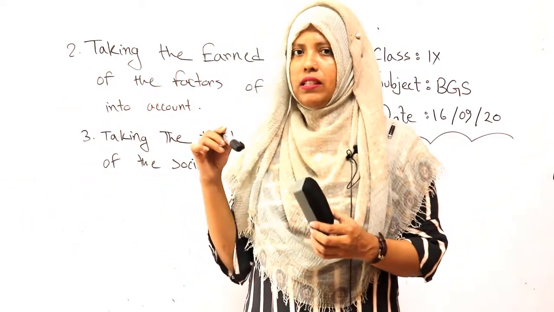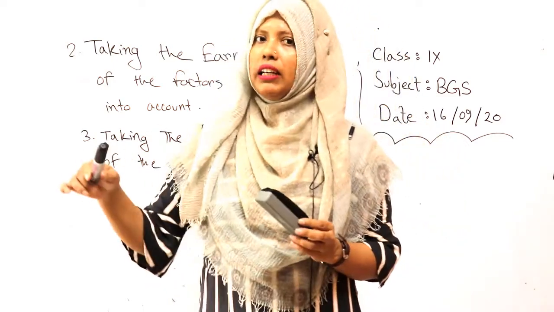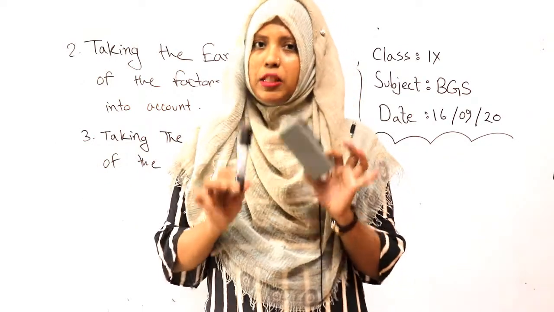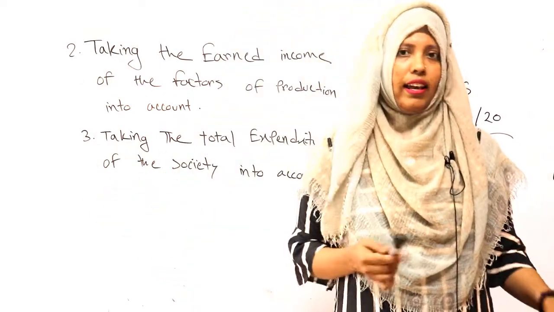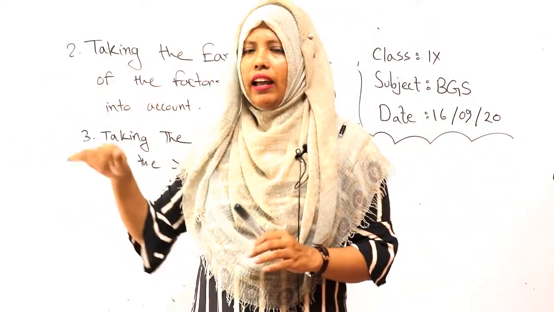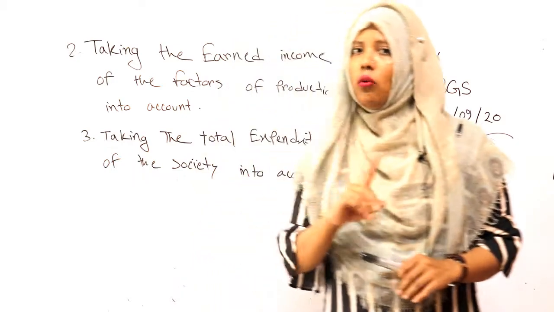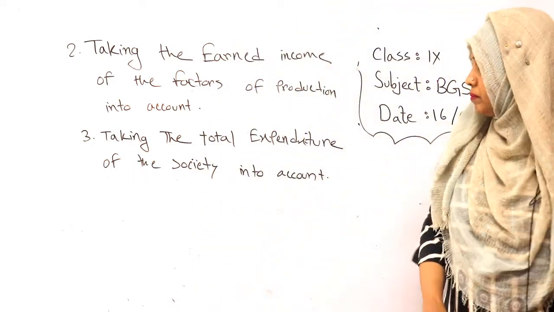All people of the society buy many things from the society. The expenditure of all things, or the cost of all things, is measured in GNP within 1 year. This is another way of measuring GNP.